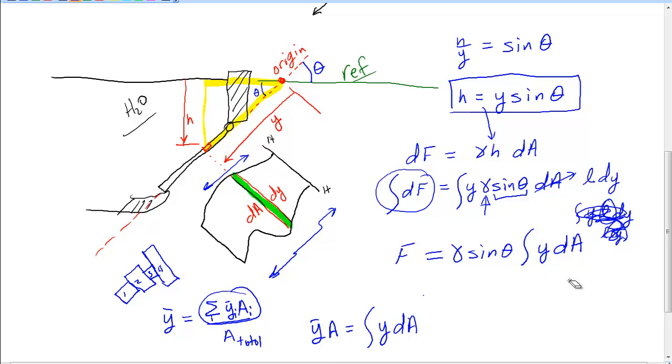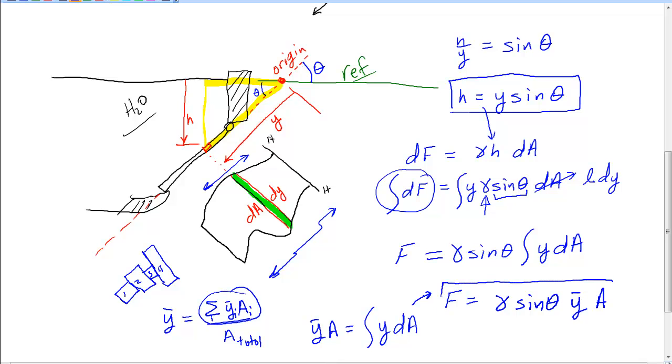It's basically turned into an integral, and it essentially yields you this result. Now, with that in mind, I'll draw an arrow here and say gamma sine of theta y bar times the area total. Now I'll box this, but I'm going to take the box off in a second.